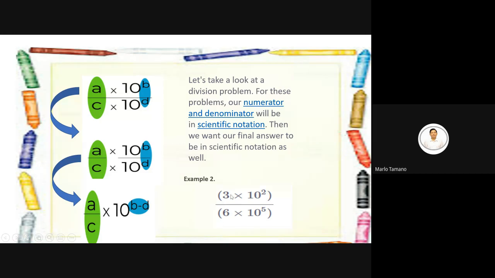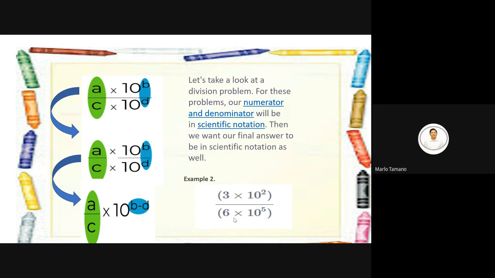Isipin niyo itong 3 over 6 ay 1/2, tama po? What is 3 over 6? Di ba 1/2? Opo, sir, 1/2. The lowest term natin 1/2 po yan.